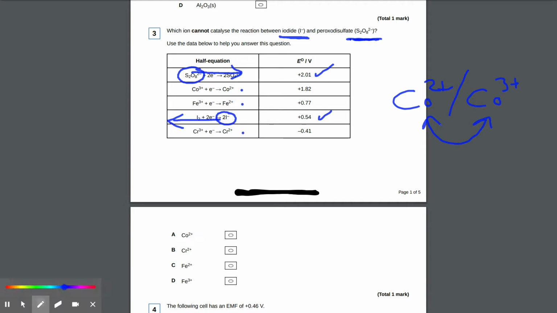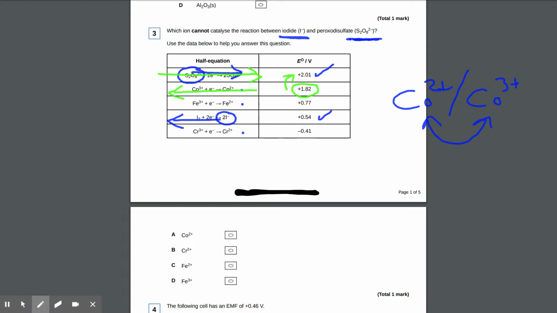And what we can see is that for cobalt 2+ and cobalt 3+ is the peroxidisulfate reaction. When that one goes in the forward direction, that will be able to convert the cobalt 2+ back to cobalt 3+ because this voltage is lower than this one. So that will work. So peroxidisulfate will react with cobalt 2+.